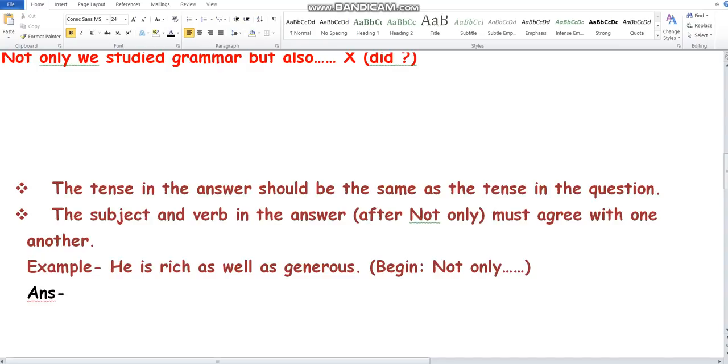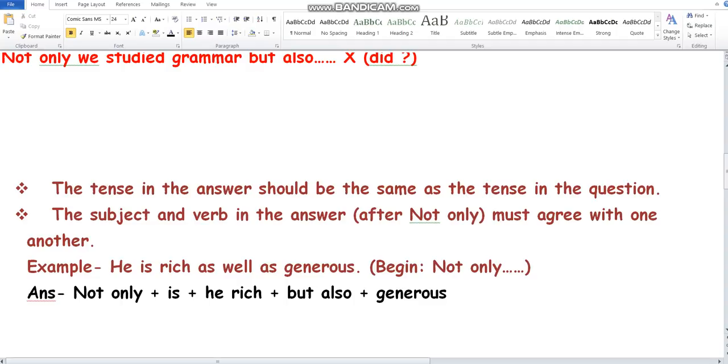The answer will be not only, then the verb, subject, but also, and then whatever remains. Not only is he rich, but also generous. Your answer will be this.